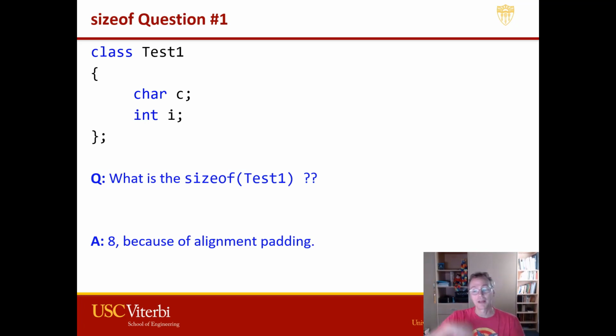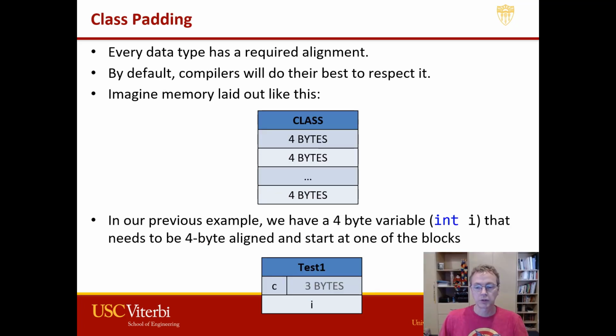We'll have to round it up to 8. So what you end up with is the char taking up 1 byte and then 3 bytes of wasted space, 3 bytes of padding before you get the 4-byte integer element.